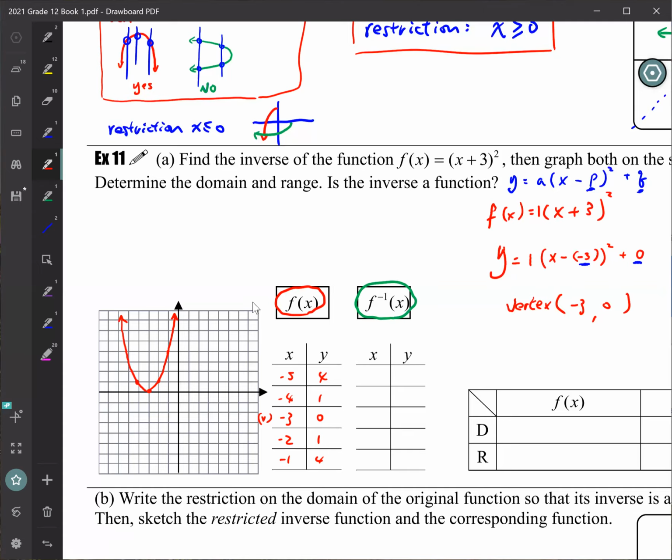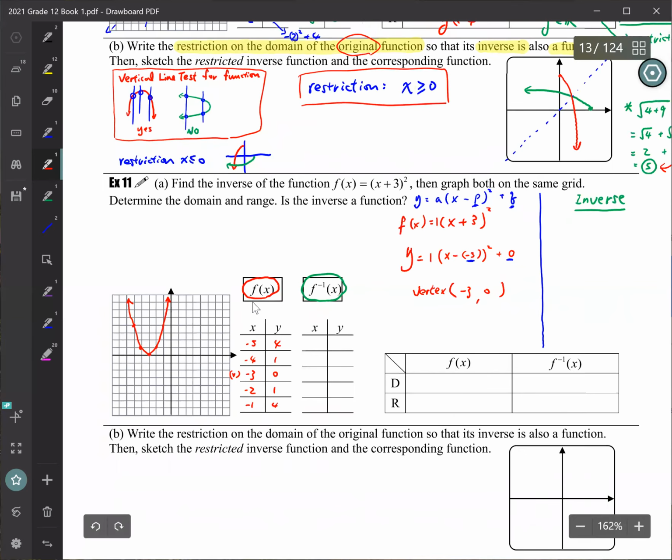That's the line. Once you finish the graph, you can start on the inverse.